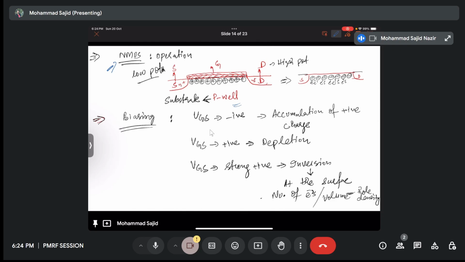When it's slightly positive, there is a depletion, so there will be negative immobile electron charge here, which is called depletion. And when the gate voltage is very high, then you can introduce the inversion in the P-well at the surface.